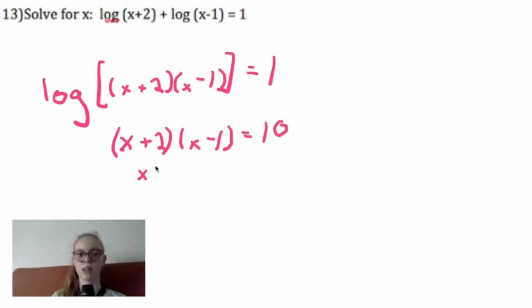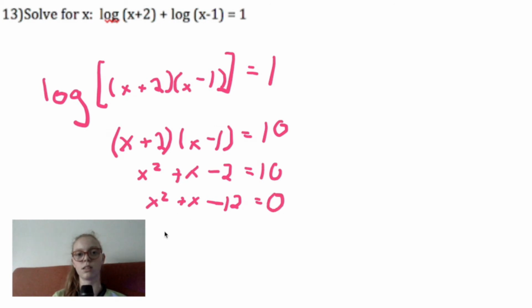So we multiply this out and we get x squared plus x minus 2 equals 10. Then we subtract 10 from both sides and get x squared plus x minus 12 equals 0.